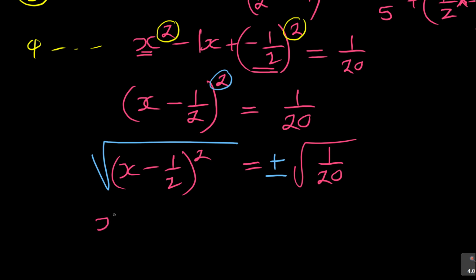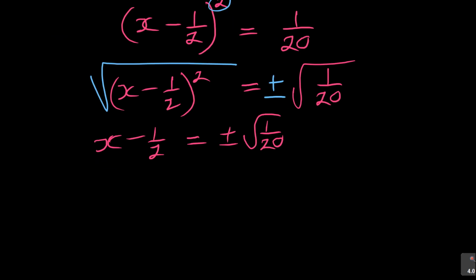Then you've got x minus 1 over 2 is equal to plus or minus the square root of 1 over 20. Remember, that's how the square and the square root go off. You don't cancel, but the square root of a square, that's what it does. Then the minus goes this side. It will be x is equal to 1 over 2.